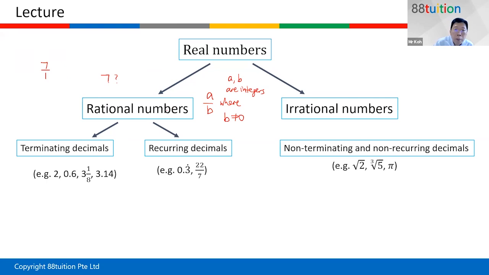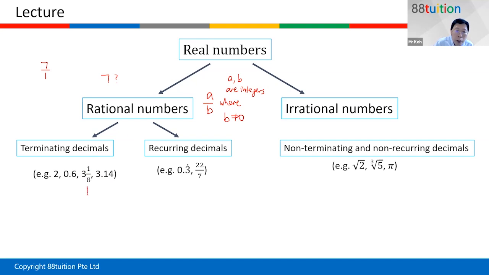Now, rational numbers can be further classified into decimals. What kind of decimal? Terminating decimal. The word terminating means it stops somewhere. It stops at 0.6, it stops at 3.14. Then, 3 and 1/8, is this a fraction or mixed number, or is this a terminating decimal?